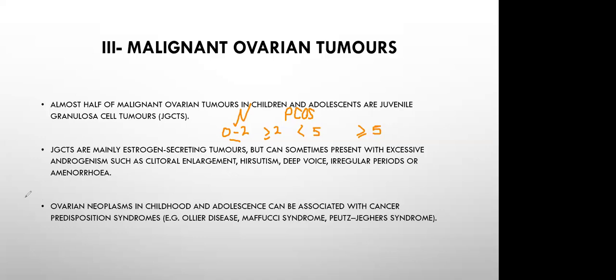So let's do another graph. Just a second. If you have testosterone more than 5, my options are maybe congenital adrenal hyperplasia, late onset, or androgen secreting tumor.